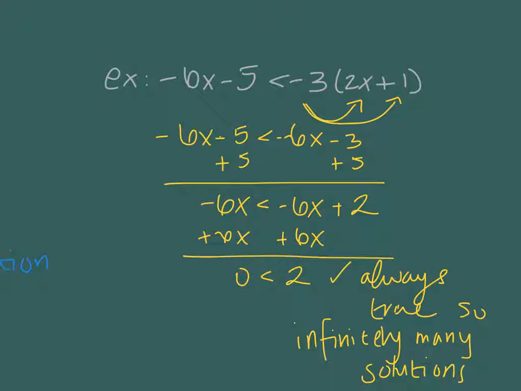Okay? So now we've seen one where we have no solution, and we've seen one where we have infinitely many solutions. And really the best way to do it is just to simplify it all the way down like I did in the examples, and to see, do the numbers you end up with make the inequality true? Because again, the whole point of these solutions is to discover, where is this inequality true?